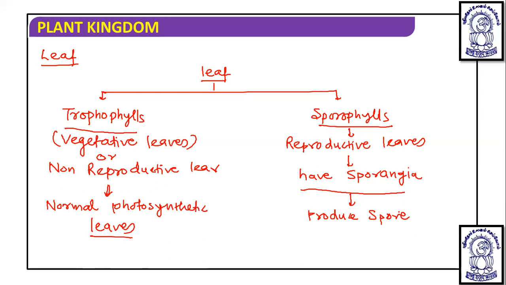Now, on these sporophylls, you will find the sporangia in a group, and that group is known as sorus. Remember, the sporangia form a group.